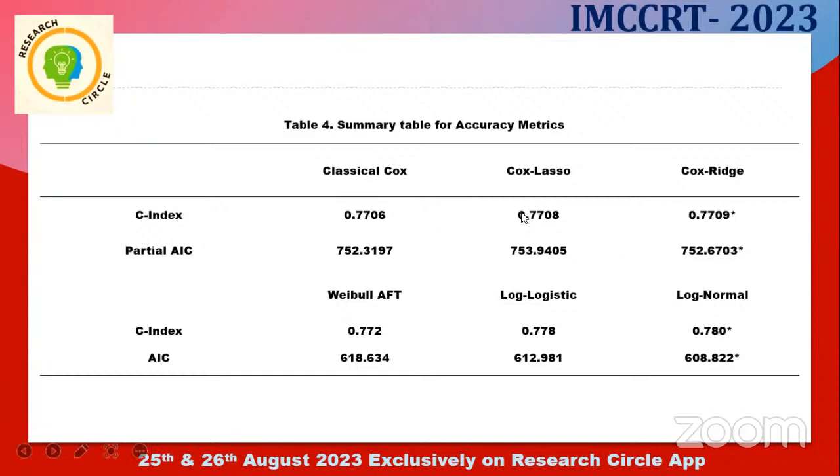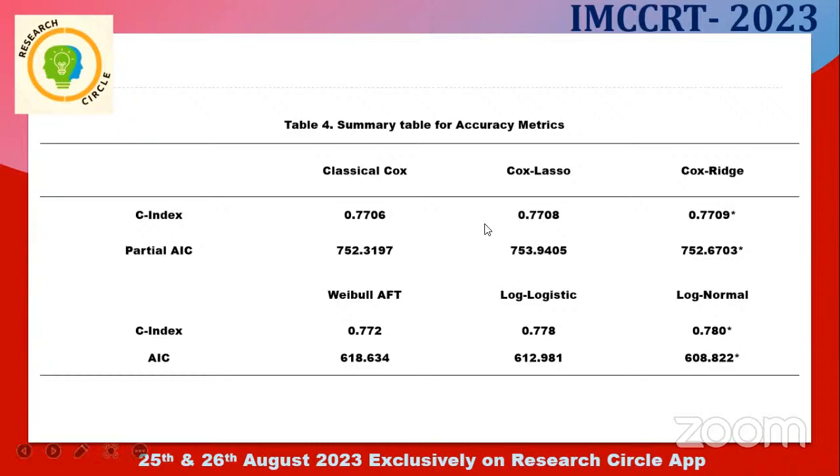But when compared on the C index of our three models, Cox Ridge has the highest. So in evaluating survival models, particularly the semi-parametric models, we often overlook the partial AIC in favor of the C index, because the C index or the concordance index is the most used accuracy metric when evaluating survival models.